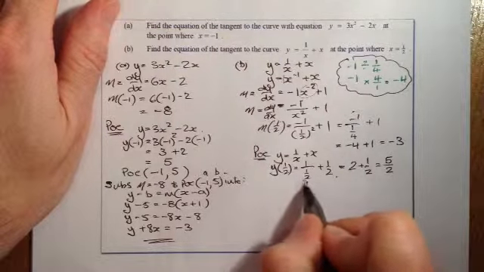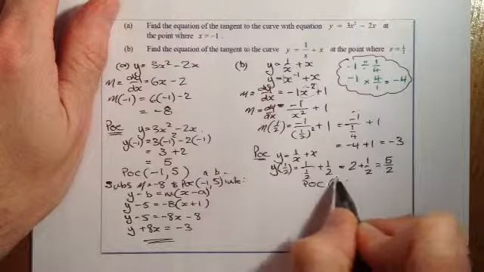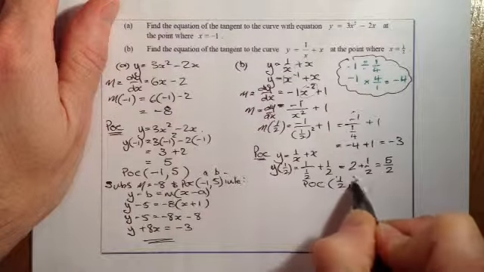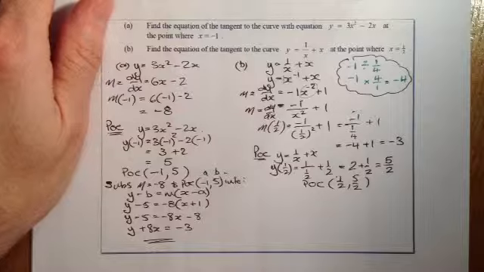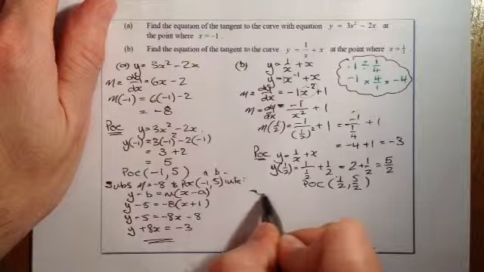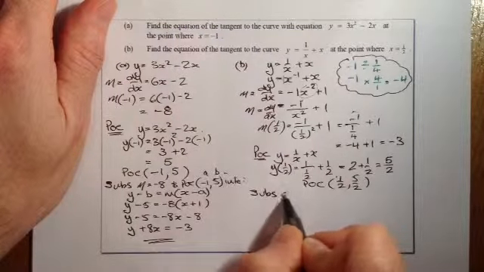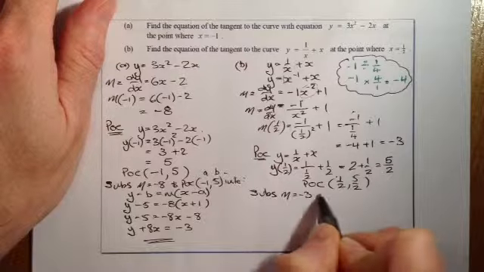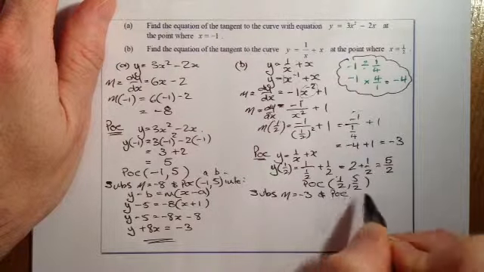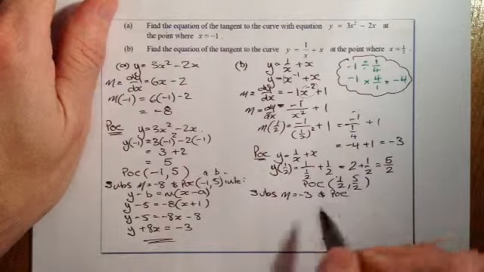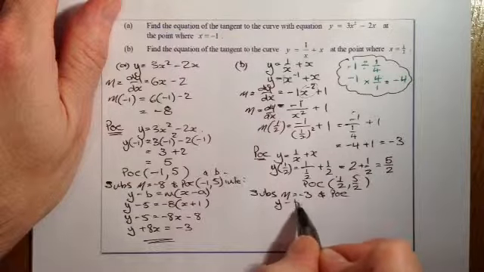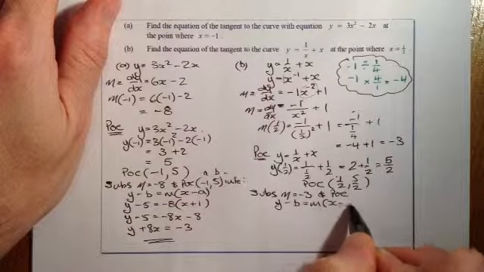So there I've got my point of contact: x is a half, and the y coordinate is 5 over 2. I'm going to substitute the gradient that I worked out, which was minus 3, and the point of contact above, and put that into y minus b equals m times x minus a.